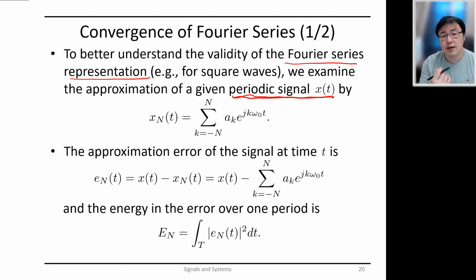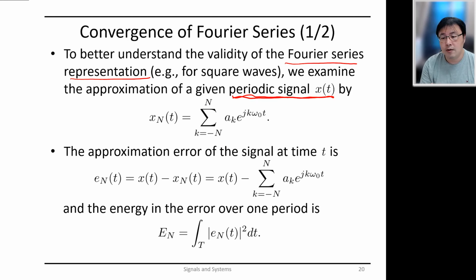To discuss the validity of this Fourier series representation for arbitrary periodic signals x of t, let us start out by taking the approximation that is equal to the summation of this Fourier series only over a finite number of terms. Let's say capital N terms.